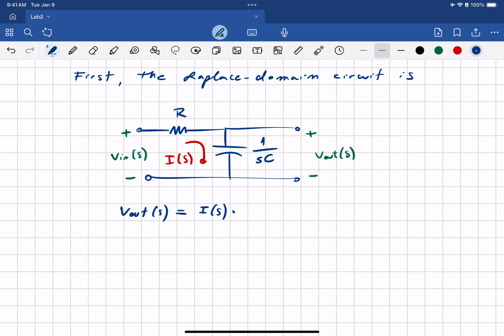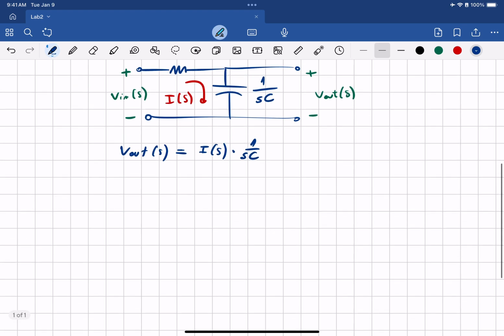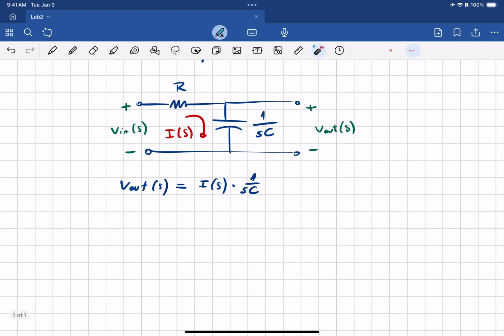So based on that, we can say this times 1 over SC is going to give us V out. That's equation number 1.